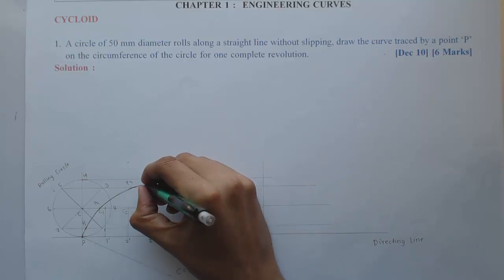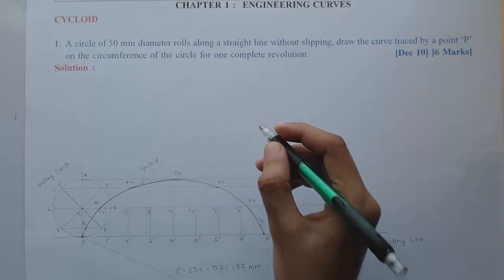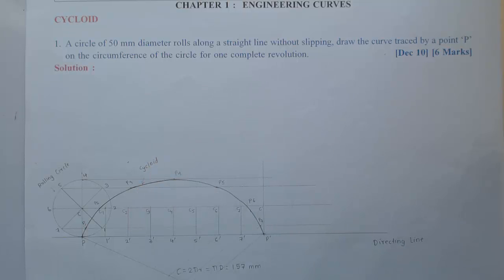Okay, so this curve is nothing but the cycloid, which is the required answer for the given problem. Now we can add further: the initial position of P was not given in the problem, so we can assume the initial position as the topmost position.